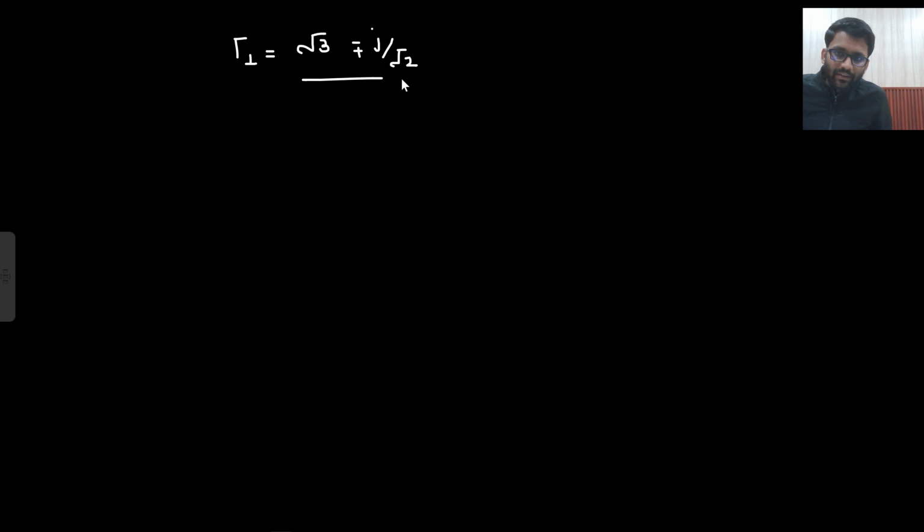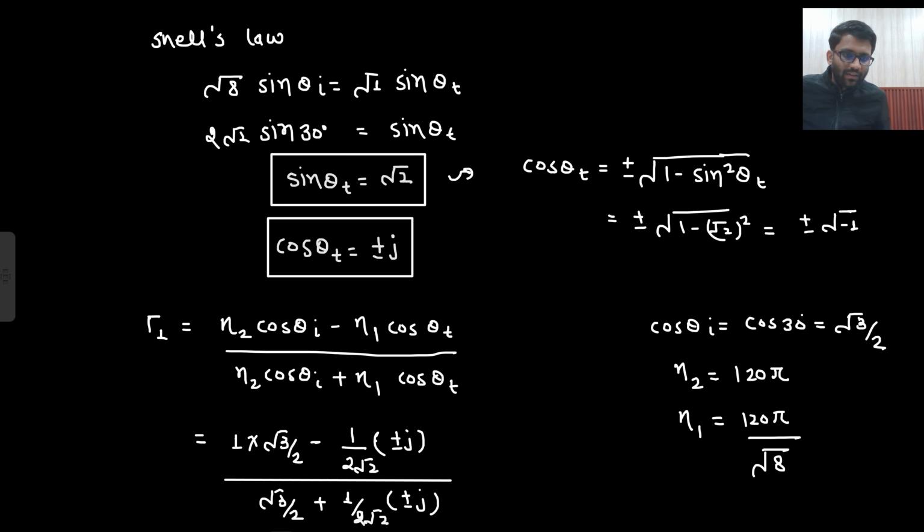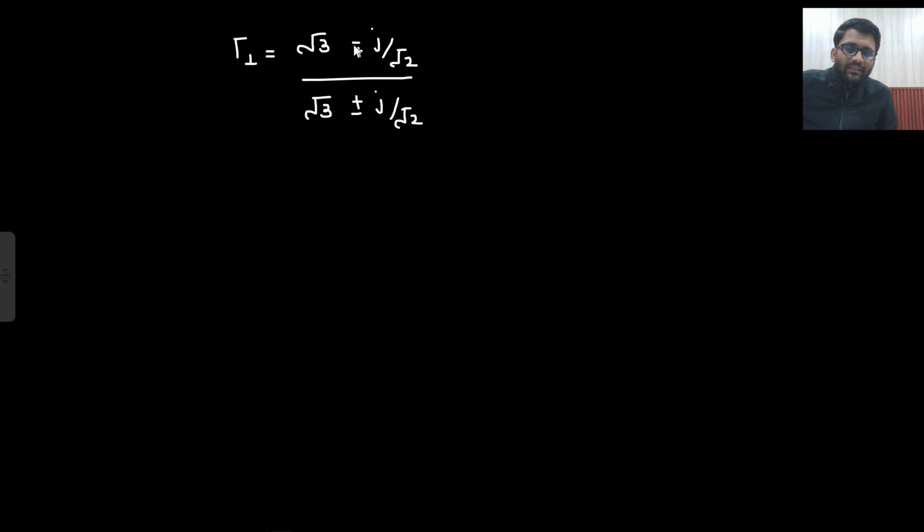And divided by the same thing, under root 3 plus minus j by under root 2. Why plus minus? Because here there is plus in between, right? Now the thing is, first you need to take minus plus, and basically if I take minus upper side, then downward I need to take plus. If I take plus upper side, then downward I need to take minus. From here we can get two kinds of reflection coefficient, no?